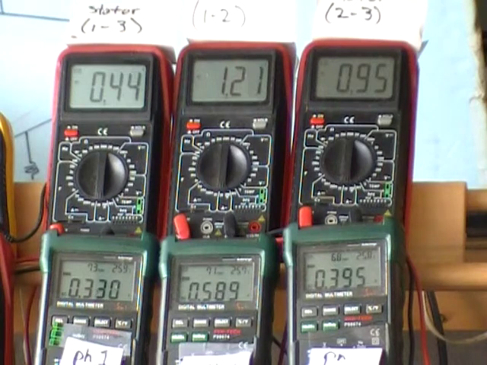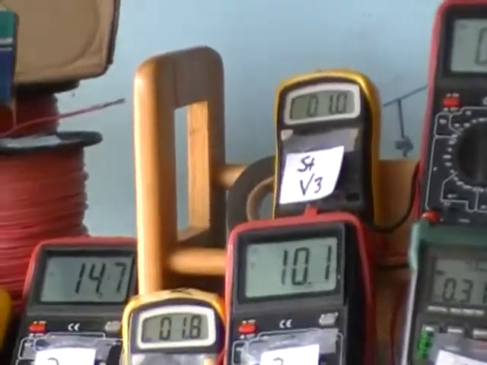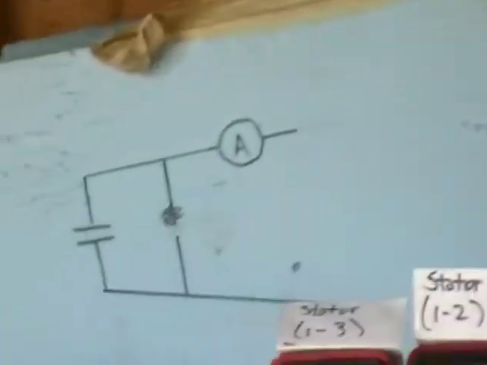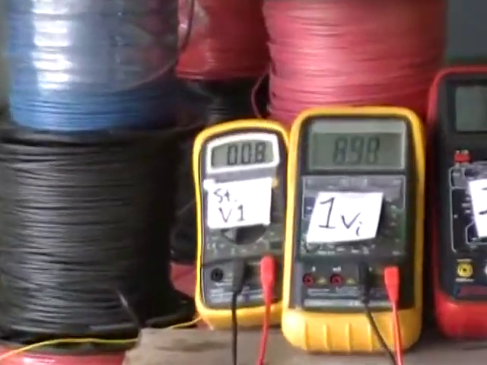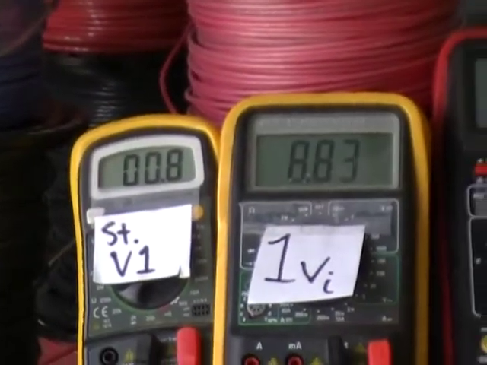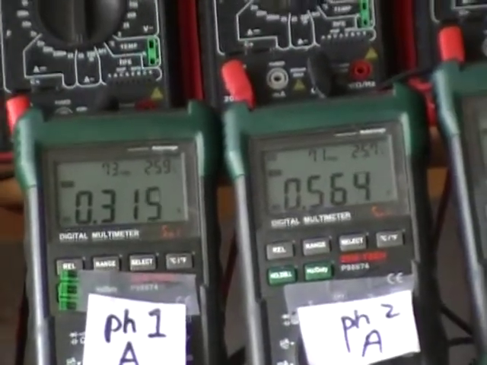That's our ratio of amperages, our new voltages. Formerly we had 0.3 volts, phase 1. Now we got 0.8 volts, enabling 0.3 amp, 0.317.